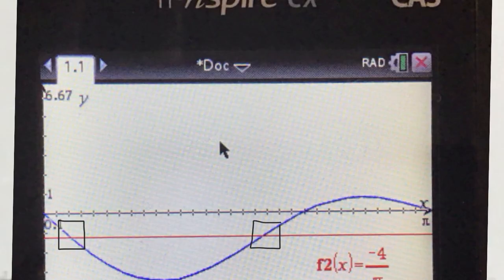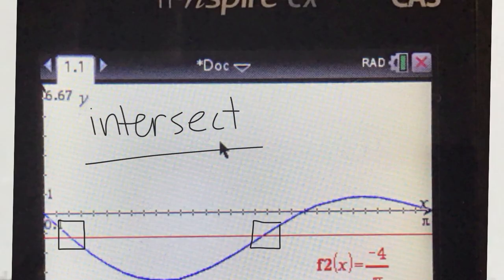Okay, so now I'm going to use the functionality of my calculator to find out where those two places intersect, and that's going to be my two answers for this because it crosses, right? I'm looking at my interval from 0 to pi, and I have two places where the graph of -2 sine x minus 2 sine 2x equals -4 over pi. So I'm going to have my calculator help me calculate those.